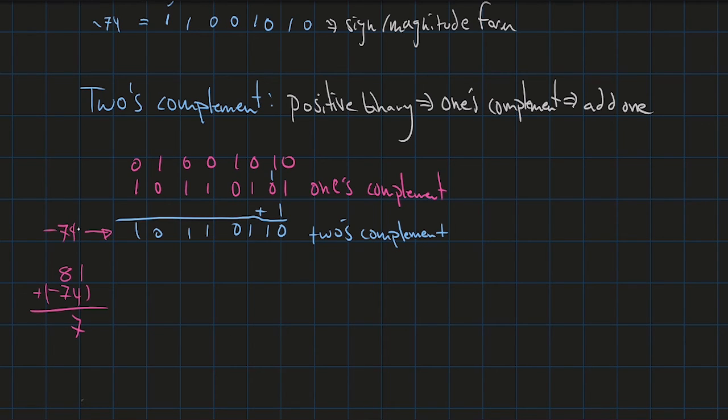We're going to start off with positive 81, which would be 0, 1, 0, 1, 0, 0, 0, 1.